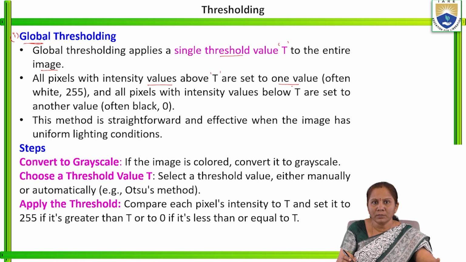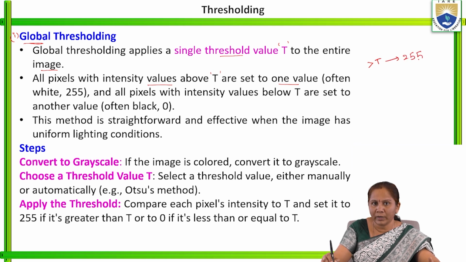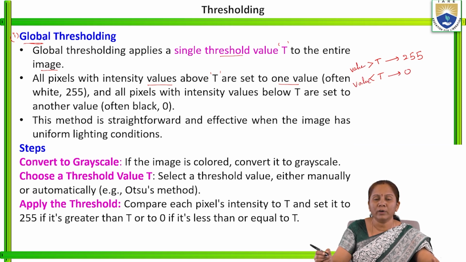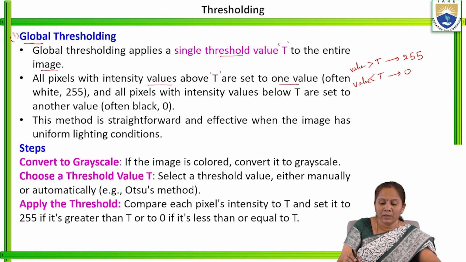So pixel values that are above T, set it as 255 for example. Pixel values that are below T, set it to another value, that is 0. Because here only one threshold value will be selected for the entire image.